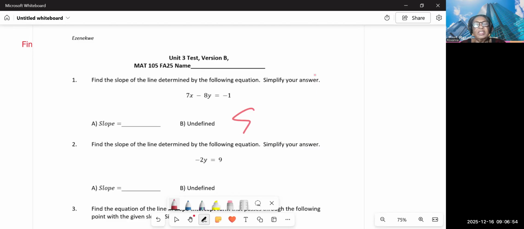So the question here says find the slope of the given line.